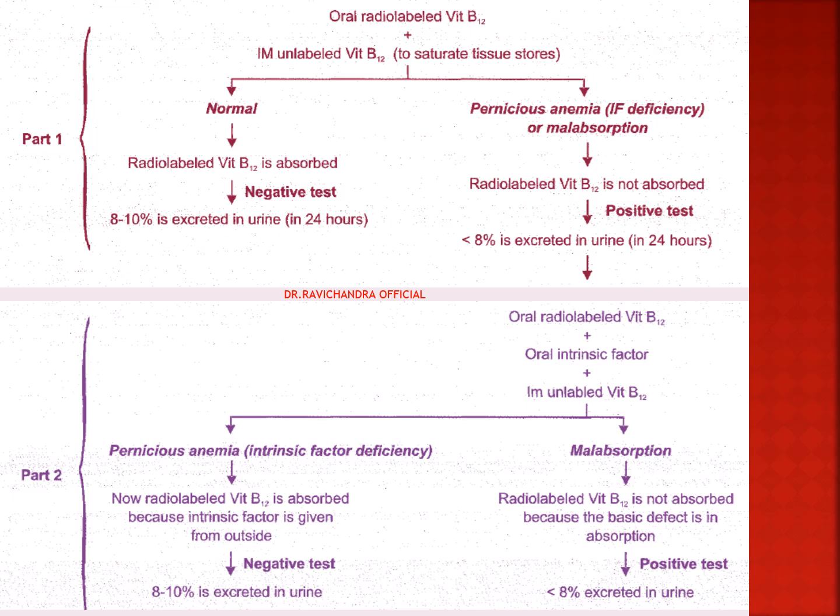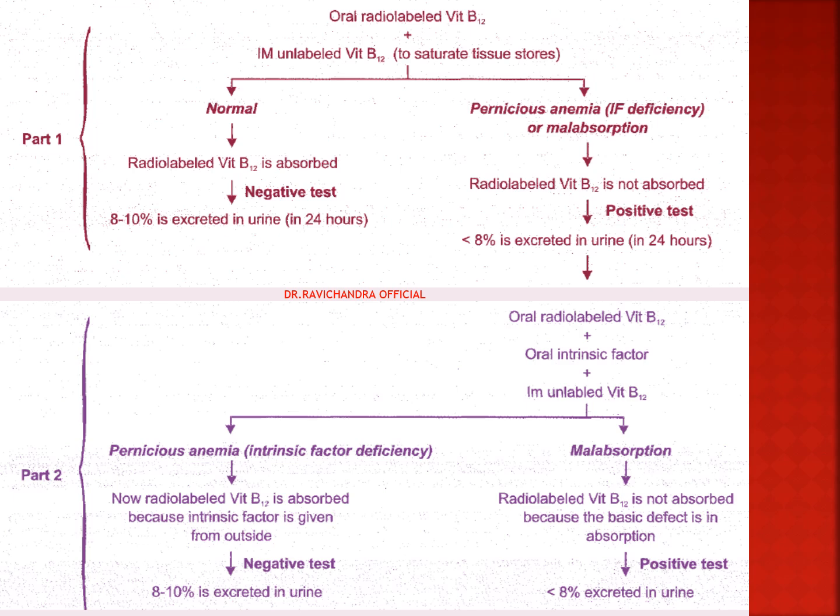In step 2, again oral radiolabeled vitamin B12, that is hot B12, and along with that we will give intrinsic factor orally, and again we will give vitamin B12 intramuscularly to saturate the serum B12 levels.